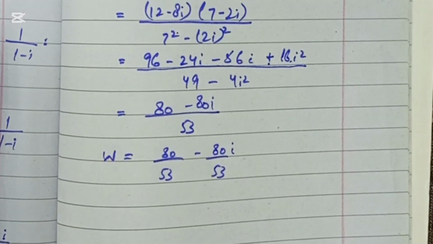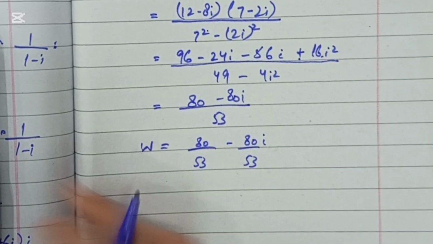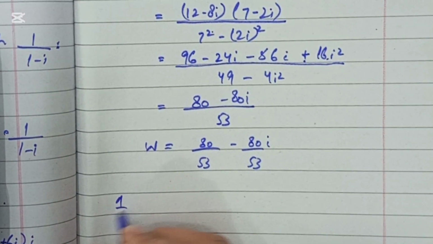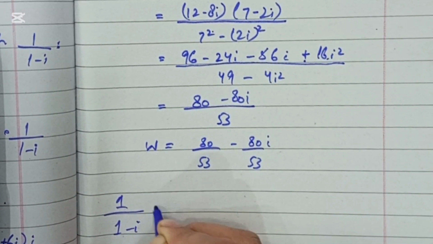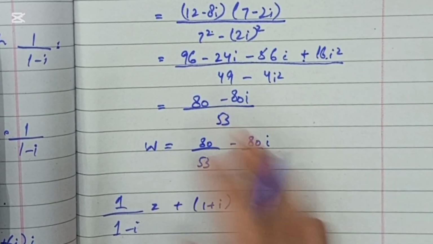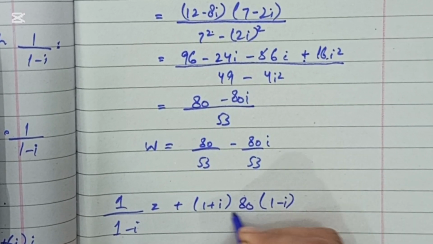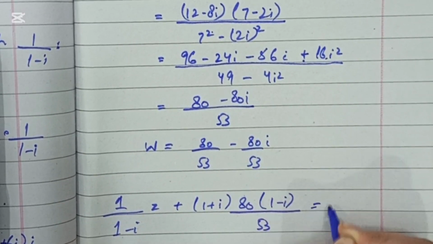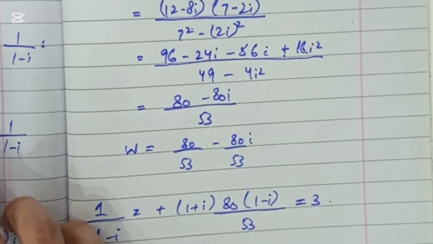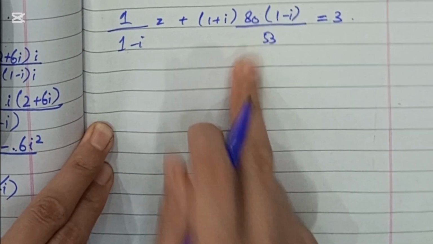Now we have to put this value of W in our equation number 1. 1 by (1 minus iota) z plus (1 plus iota). Instead of W, I will write this (80 minus 80 iota) divided by 53 equals 3. Now we will multiply this whole equation with 53 into (1 minus iota).